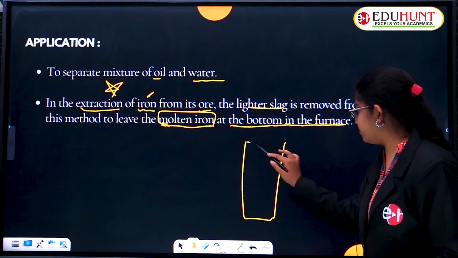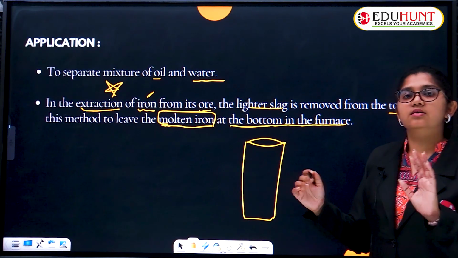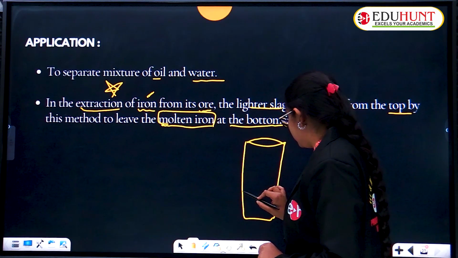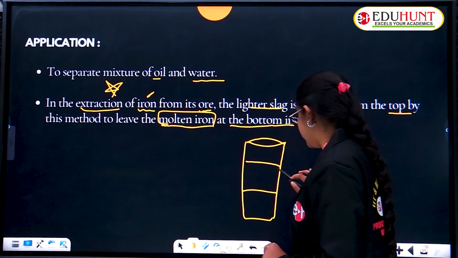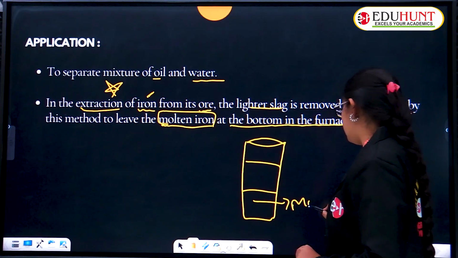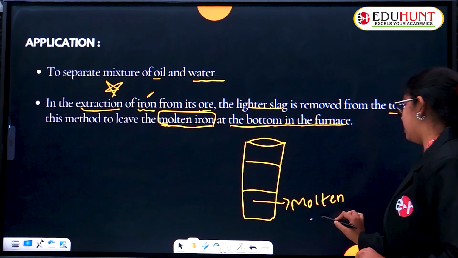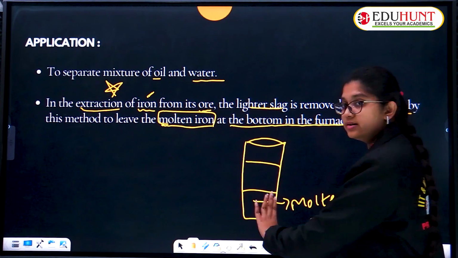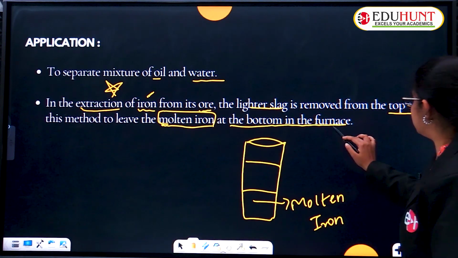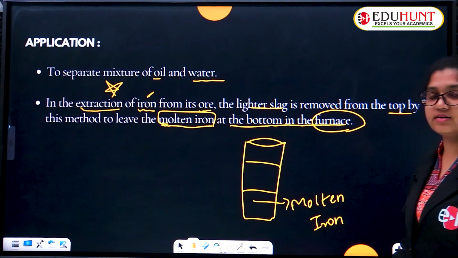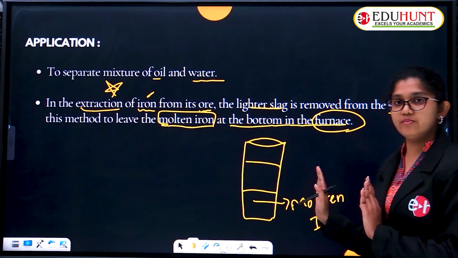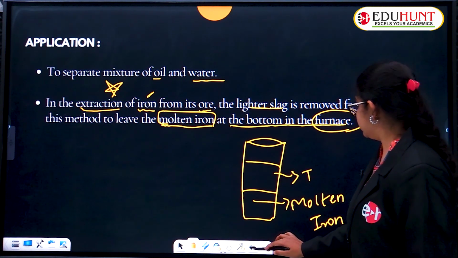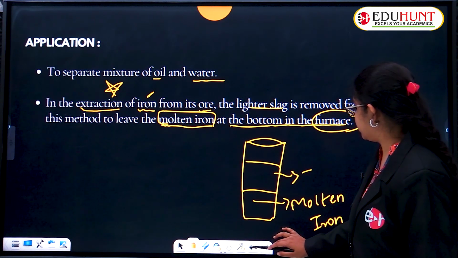The furnace has a particular size and shape like this. Molten iron, which has more density, settles down in the furnace. The furnace is the apparatus used in this process.